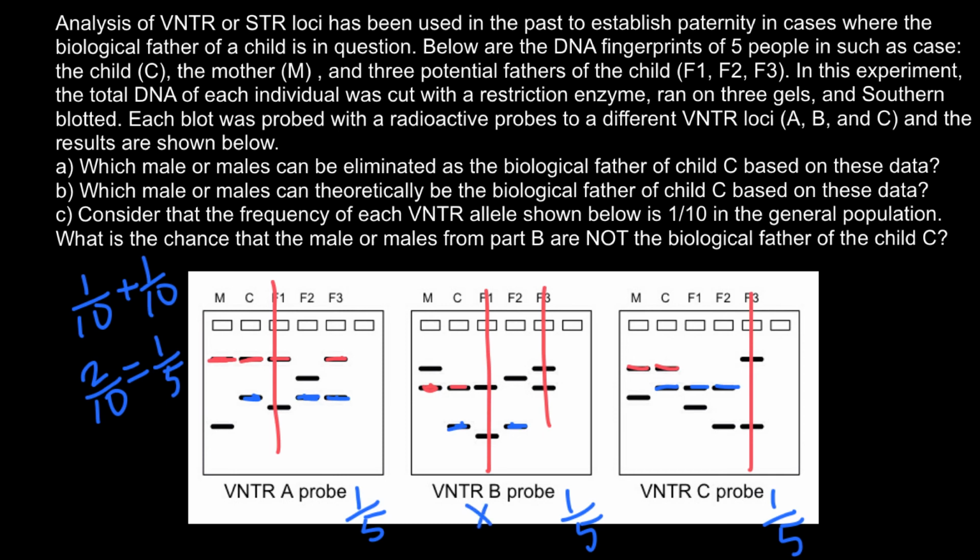Now we have to multiply all these independent probabilities, and we are going to get 1/125. This is going to be the probability that if we take a random person from the street, he would be a possible father of this child if we only take into account 3 loci.